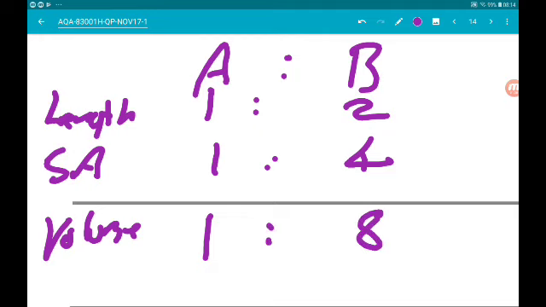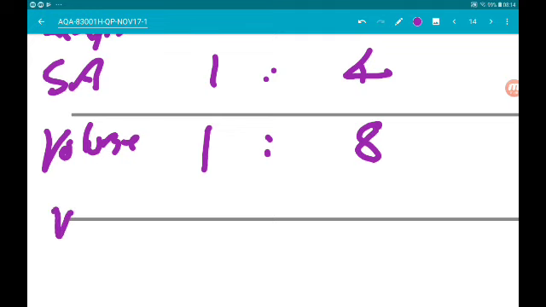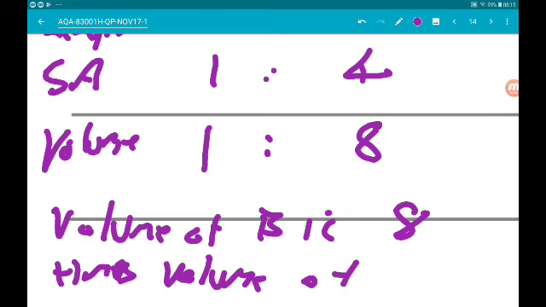So the volume of B is actually 8 times the volume of A. So volume of B is 8 times volume of A.